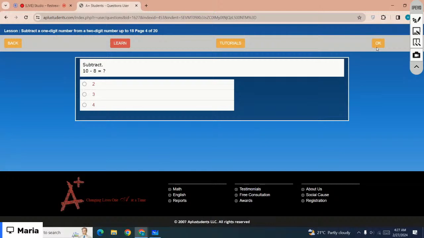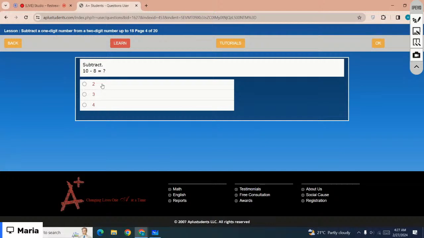10 take away 8. So 10 take away 8 equals, yes, very good. 2 it is.